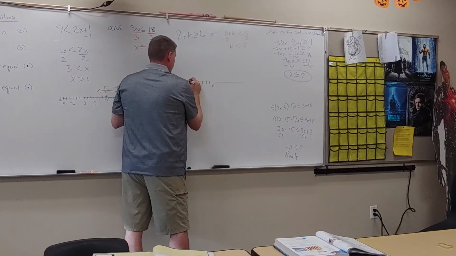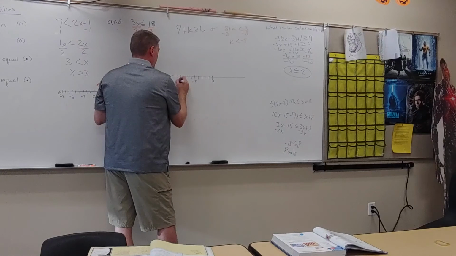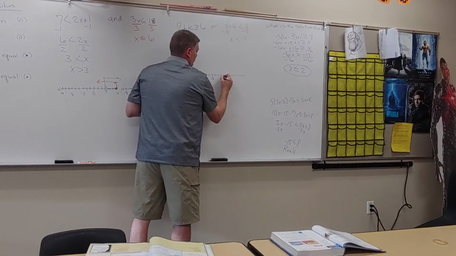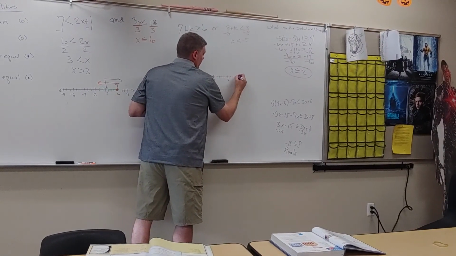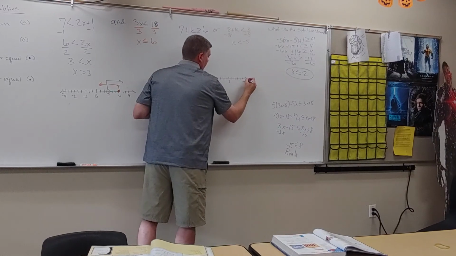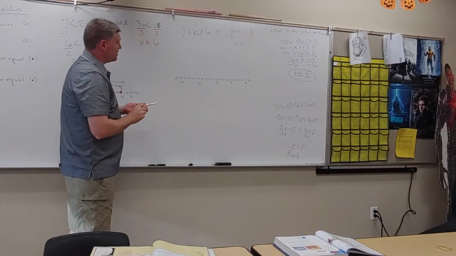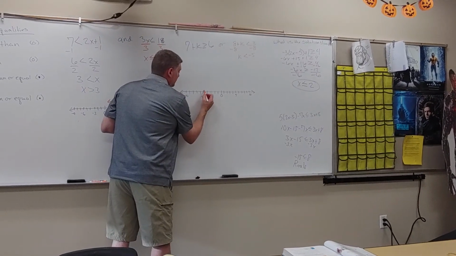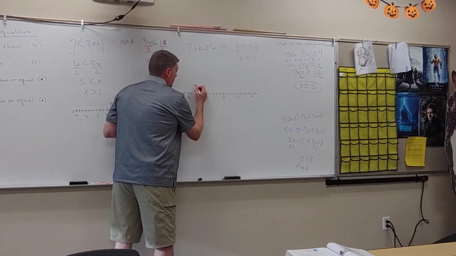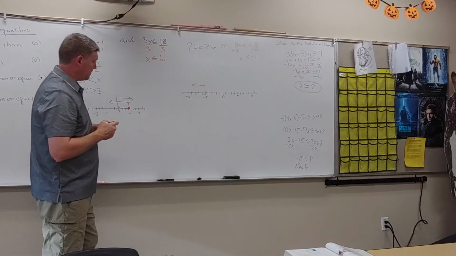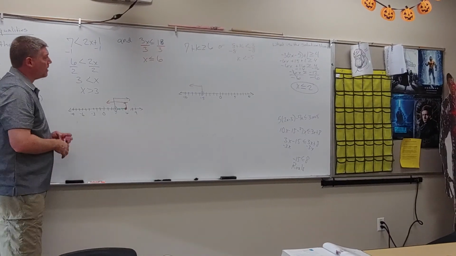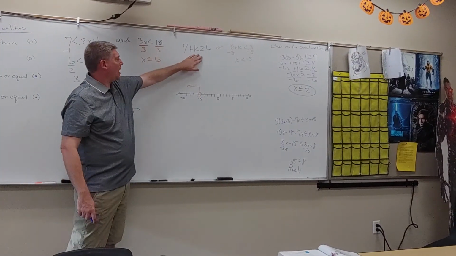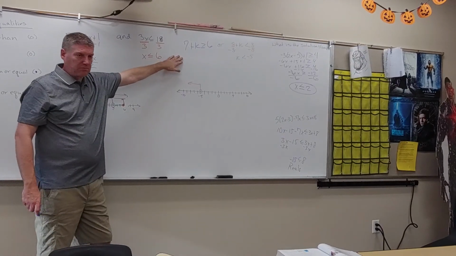Here's negative 5, 6, 7, 8, 9, 10. 1, 2, 3, 4, 5, 6, 7, 8, 9, 10. Okay, so it says I am less than negative 5. So I'm going to put an open circle here and go that direction. Okay, so less than.